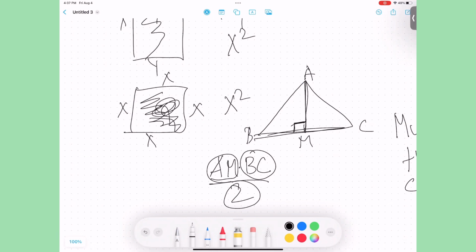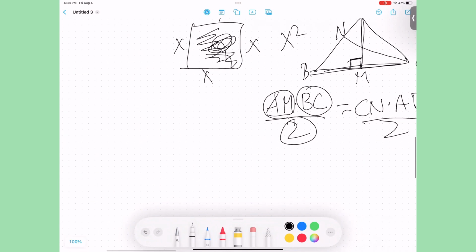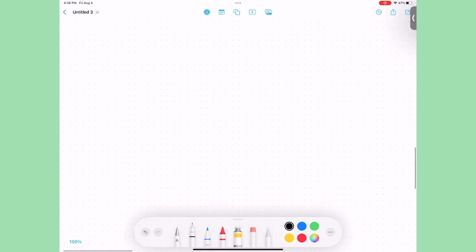So whichever line makes a 90-degree angle with one of the side lengths of the triangle, you could have also drawn it like this and called it N, and then you could have also defined the area as CN times AB over 2, and these would be equal to each other. So if you have any line intersecting the base or a side with a 90-degree angle, then that's an altitude. And now just going over some area stuff.